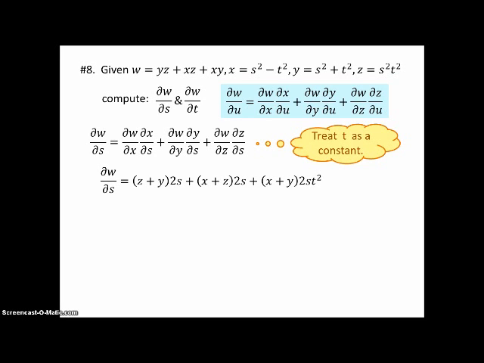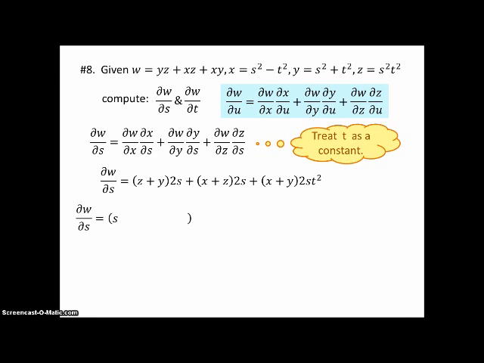And then the last term, the partial derivative of w with respect to z, is the coefficients of the z terms. And then the derivative of z with respect to s, looking at the very last function, you've got s squared times t squared, but we treat t as if it were a constant. So we just keep the t squared, and then the derivative of s squared is 2s.